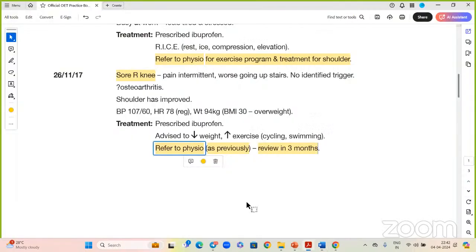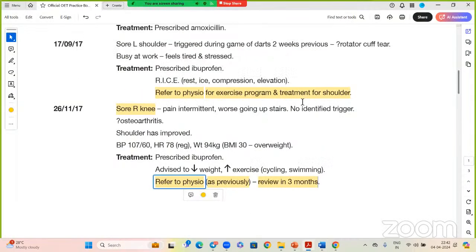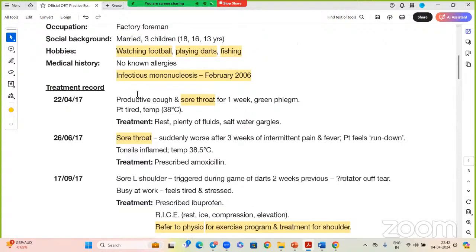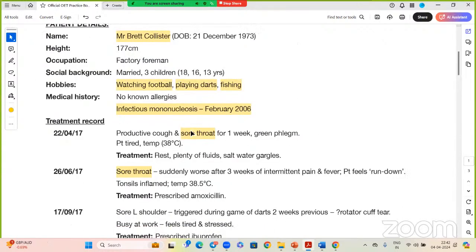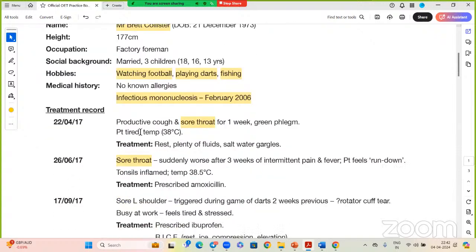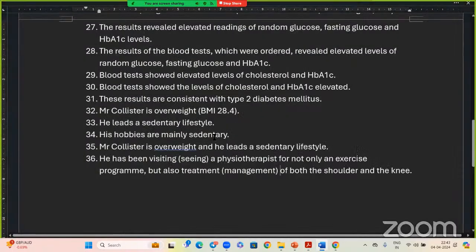So which shoulder and which knee? Right knee. And what about the shoulder? Not only this but also that. Both the shoulder and the right knee.